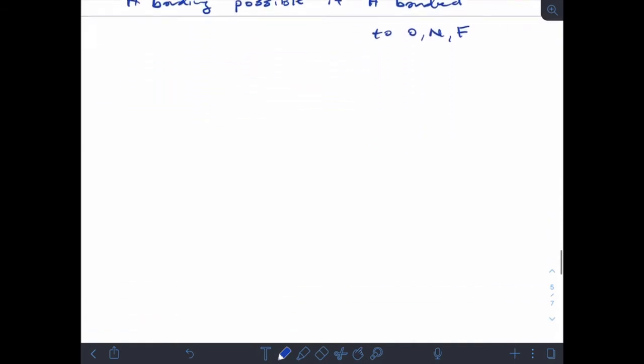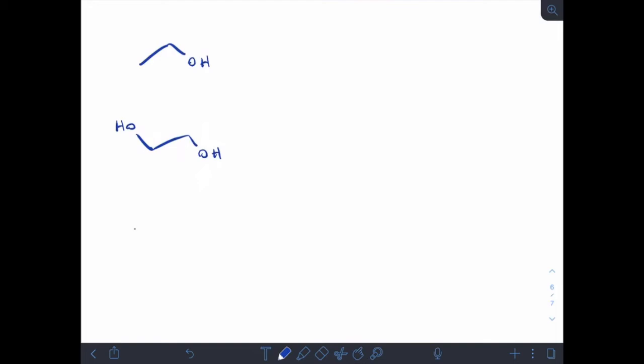So let's do a little prediction. If I have a molecule, and we haven't gone over line drawings yet, but I think you'll get the point. If I have one molecule that looks like that, one molecule that looks like that, and one that looks like this, which will have the higher melting point?